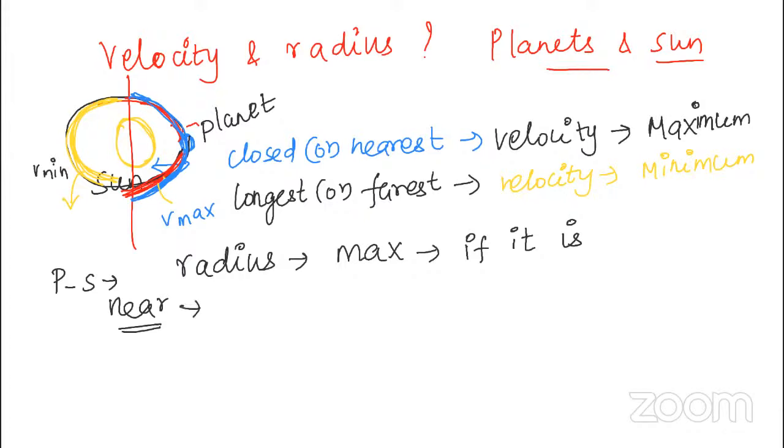When it is at the farthest distance, the radius will be maximum. So this is a simple logic. When it comes nearby, it will rotate fast, and automatically the radius value should be minimum. So it is interrelated. If the velocity is maximum, the radius value will be smaller.